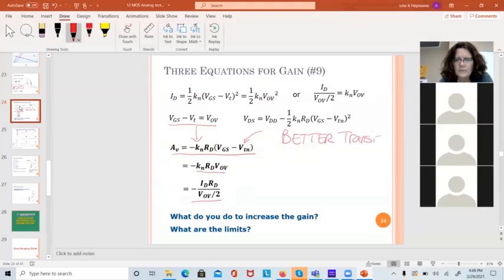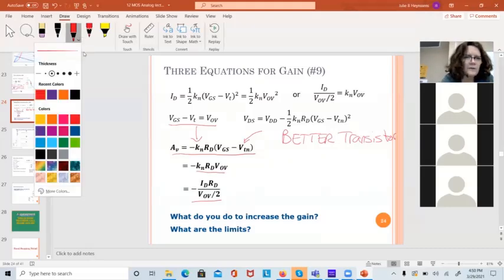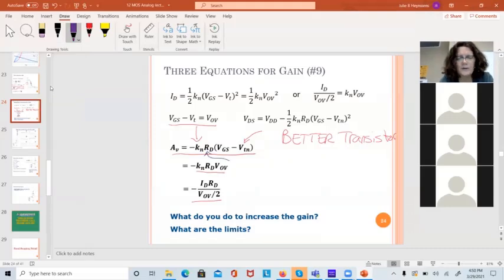Not always an option. Sometimes it is. The other thing I can do right off the top of the bat is make RD bigger. And making RD bigger is just going to the parts cabinet and picking a different resistor. That's fairly easy to do.